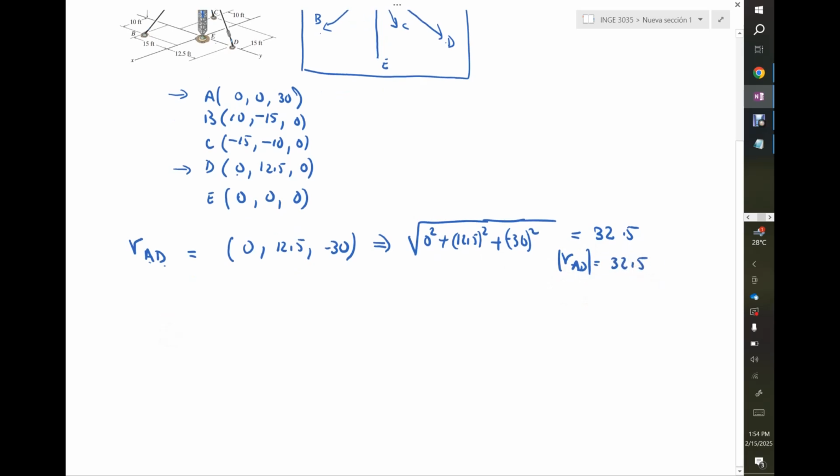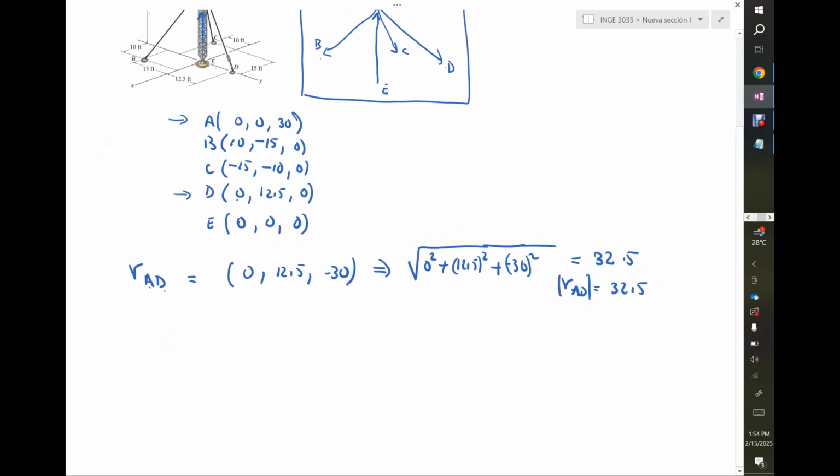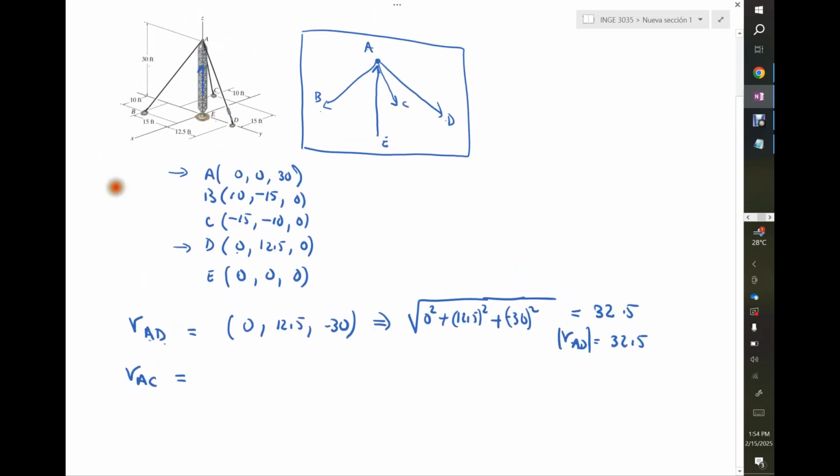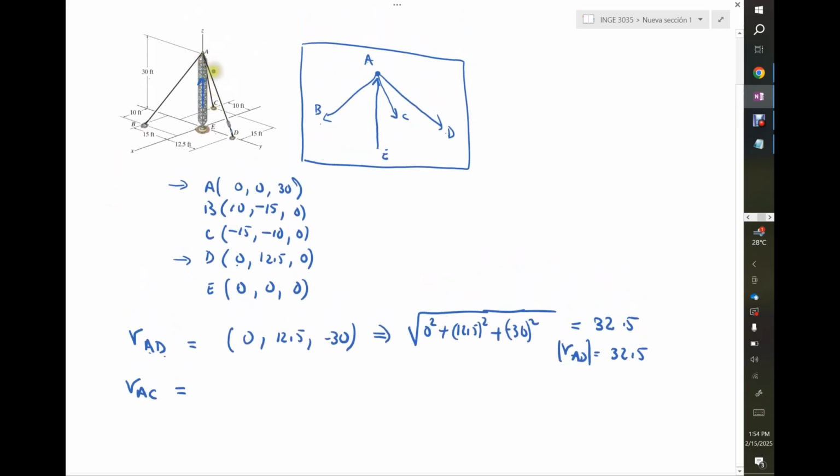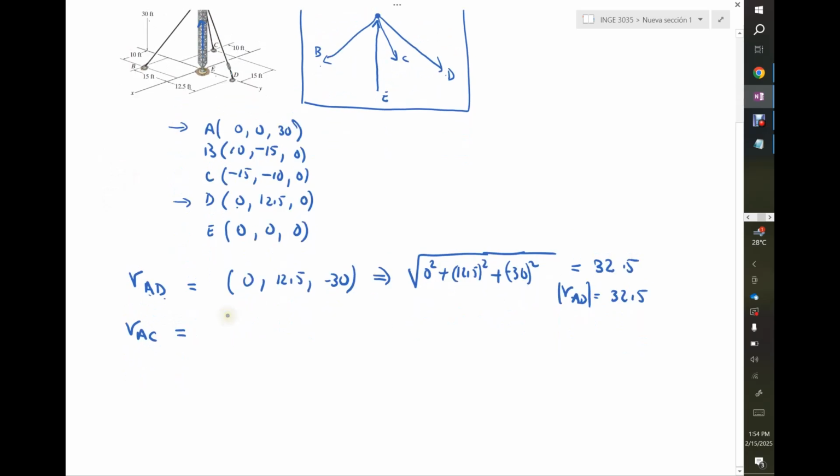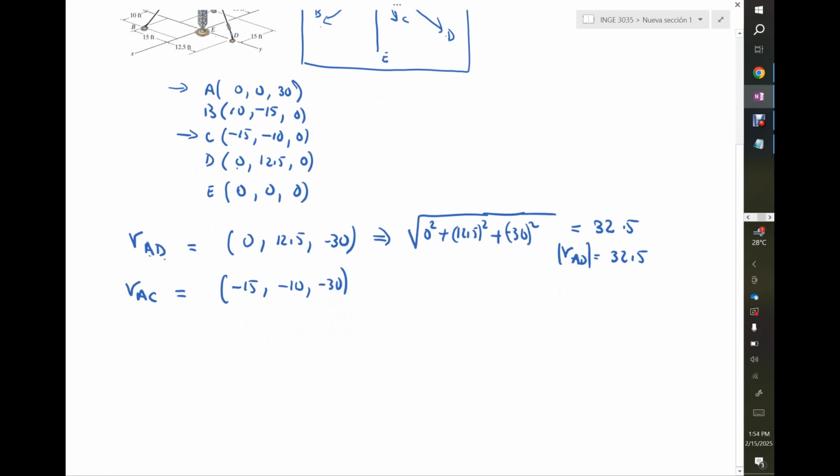All right. So now the next position vector is going to be AC. Again, we are moving from point A to point C. It's being pulled down, so what we are looking at now is this guy and this guy. So that's going to be minus 15, minus 10, and minus 30. We do the same and calculate the magnitude.